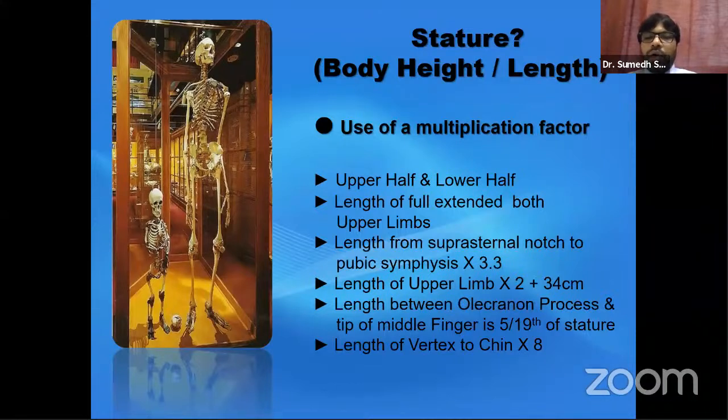Okay, so now there is one more thing that is called body height and length. Body height, or you can say the length. There is the use of a multiplication factor, in the case of certain authorities like Shah and Siddiqui.